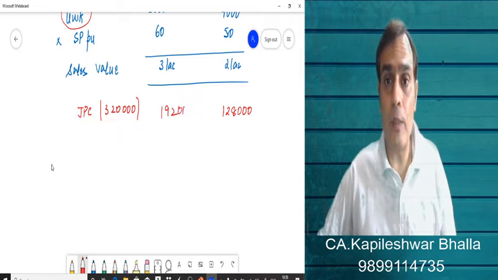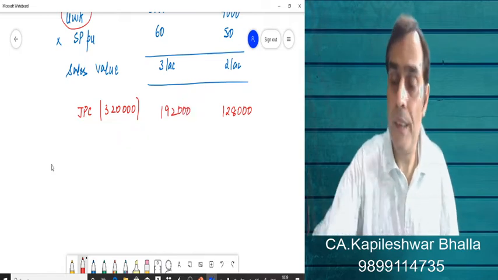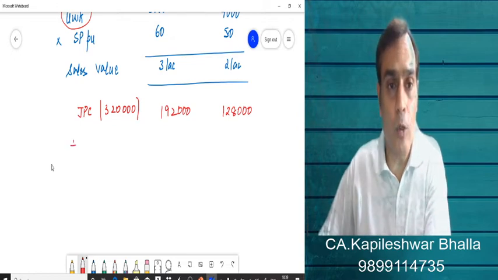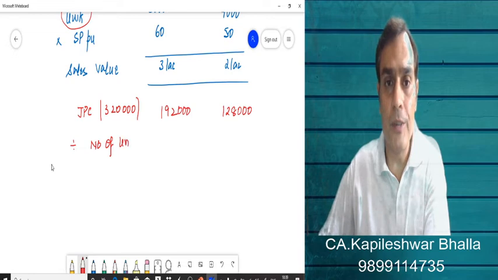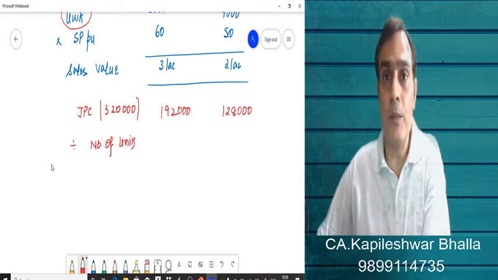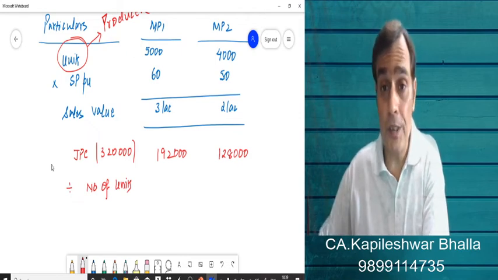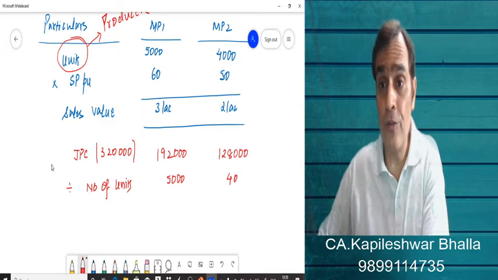So we've been able to allocate the JPC between the two products. And in order to calculate the cost per unit, you're going to divide this by the number of units as well. We've just seen the number of units above. That is, the units produced are 5,000 as well as 4,000.